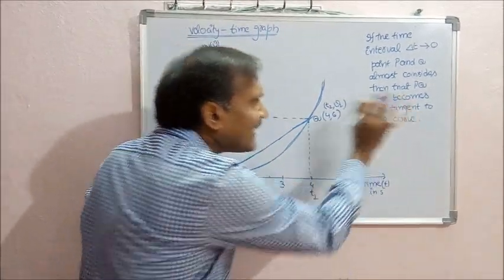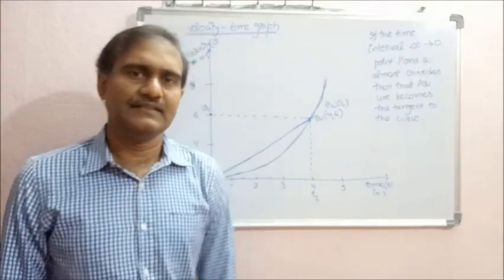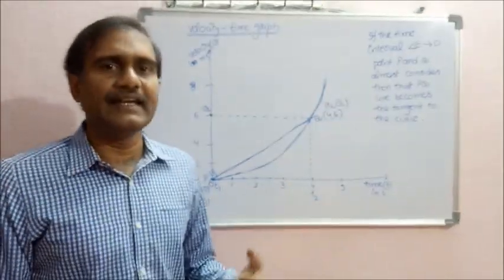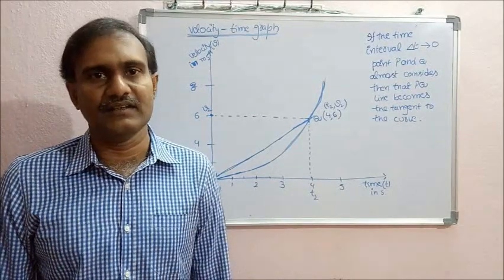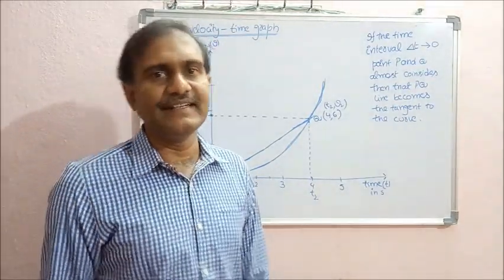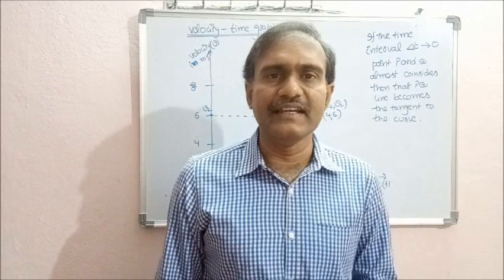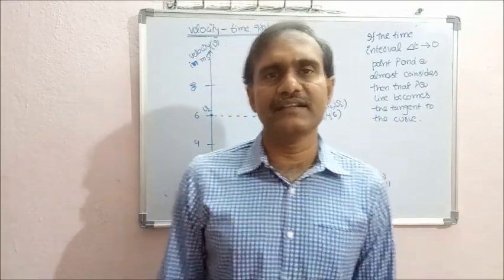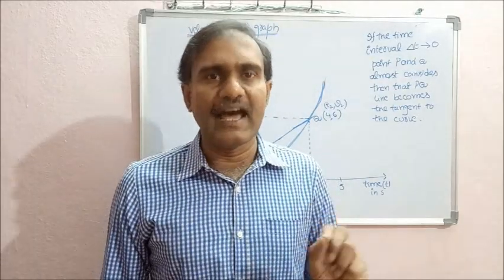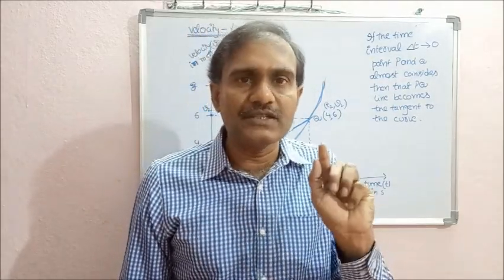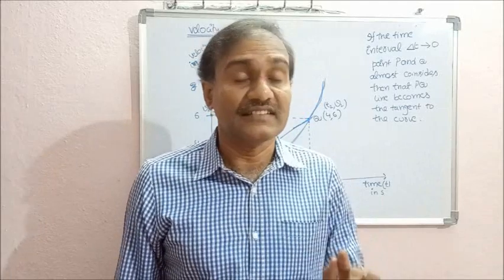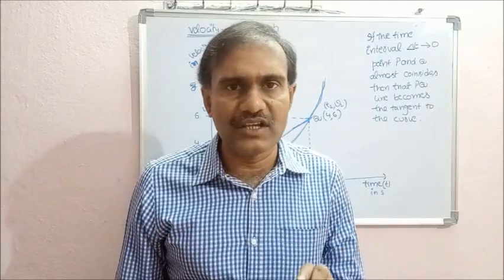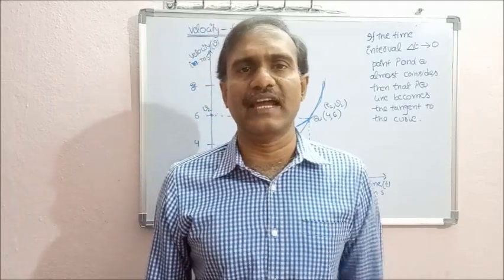Now, what does the slope of the tangent indicate? Yes, it is instantaneous acceleration. Slope of the tangent indicates instantaneous acceleration. Why do we call it instantaneous acceleration? Because it is the acceleration at a particular instant of time.